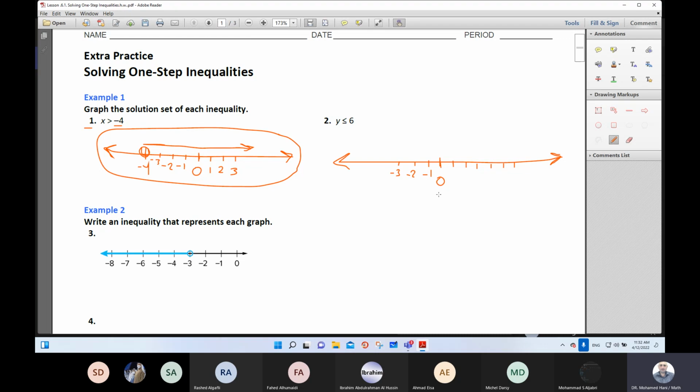So determine the 0 in the middle. This is the positive side, and this is the negative side. Then, as you see here, we have equals in the sign. So represent 6. We have equal, which means 6 is included in this solution, so draw a shaded circle or closed circle.